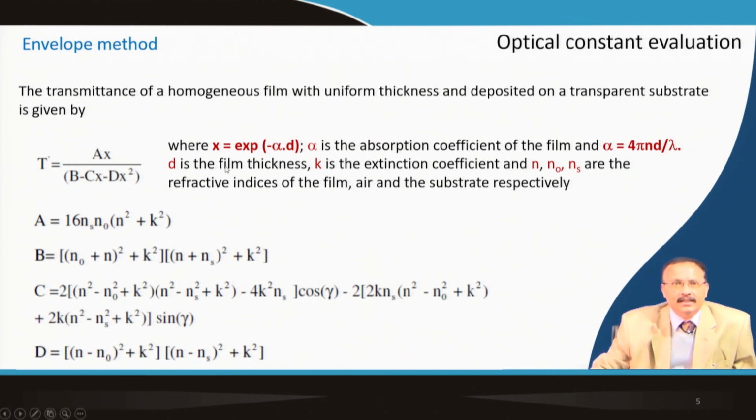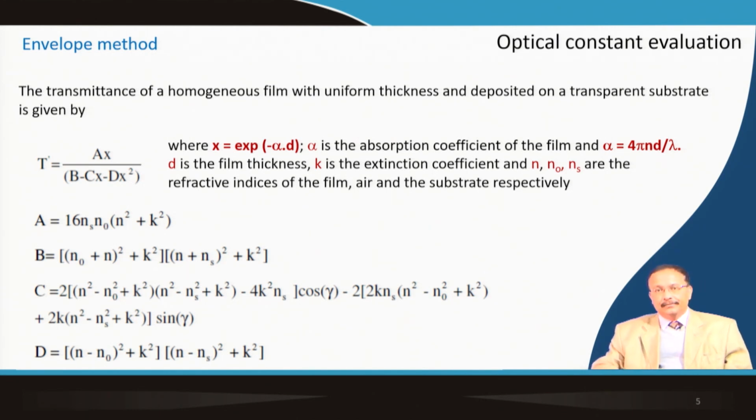Then the transmittance is given by this empirical relation, and you will note that I will be using a lot of empirical relations and assumptions that will reduce these empirical relations into an analytical form. Eventually you can do the necessary calculations repeatedly using software like Excel or Origin or any other software of this type which can do the calculation part, and you can extract the optical constant data.